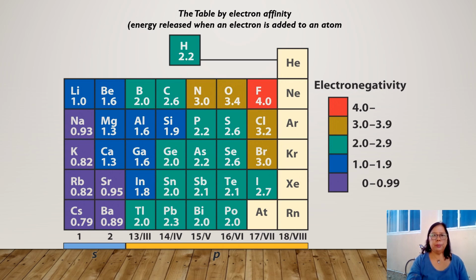So, as you go from the lowest group number to the highest group number, the electronegativity increases. This could be seen in group 1, group 2, but there are some instances where the electronegativity is abnormally distributed in the higher groups.